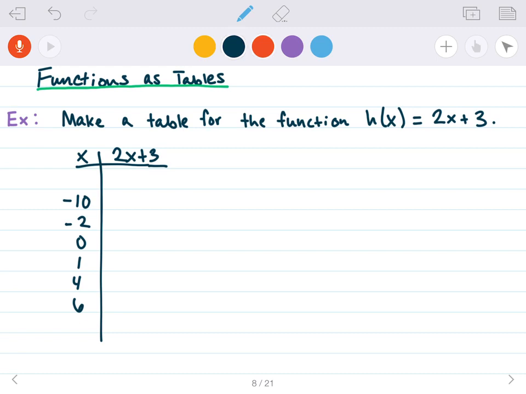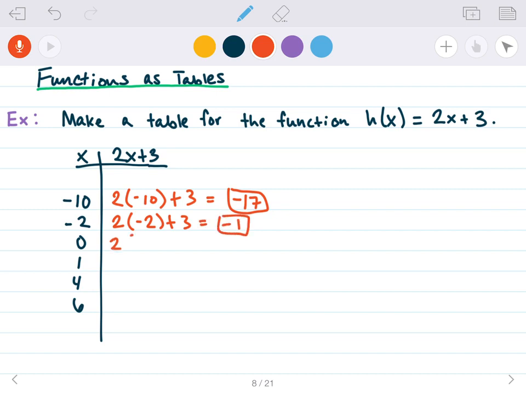So for example, for -10, our rule tells us to put in -10 for x, and our output is going to be -20 plus 3, which is -17. Next one is -2. So we have 2 times -2 plus 3, so my output is going to be -4 plus 3, which makes -1, and so forth.